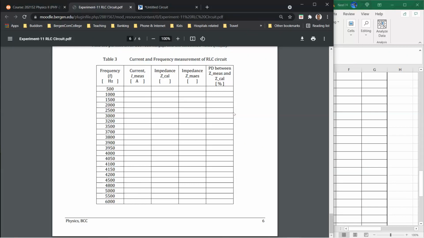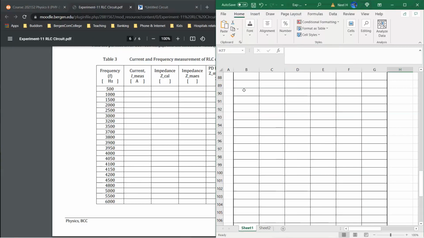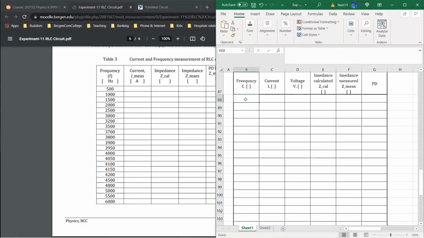All right, then let's continue. So we'll use around the same range. Maybe we can go from 500, each 500 in the beginning.